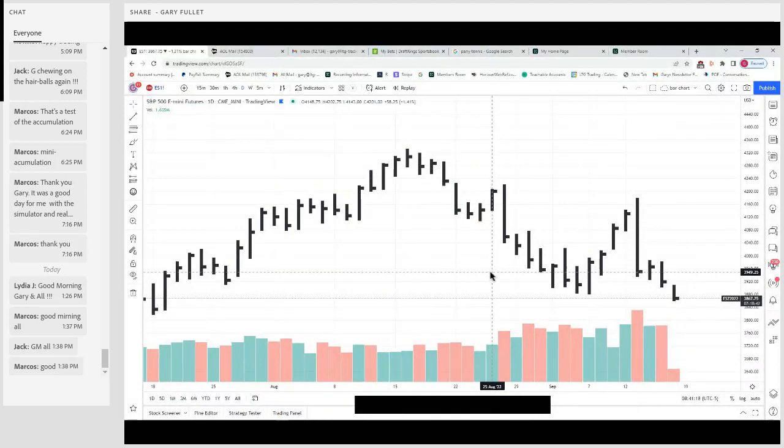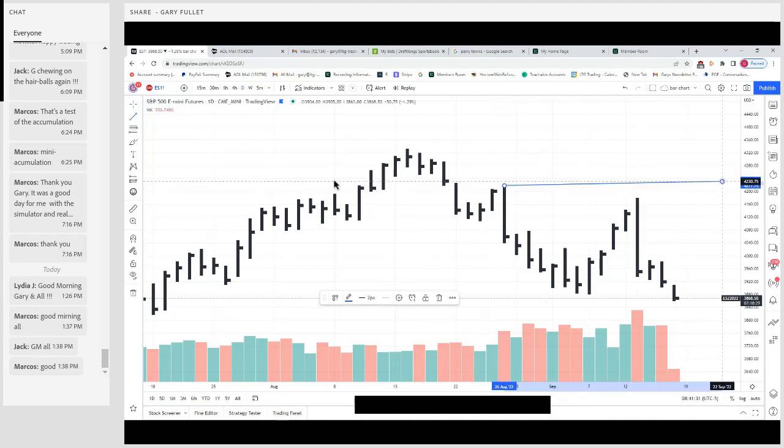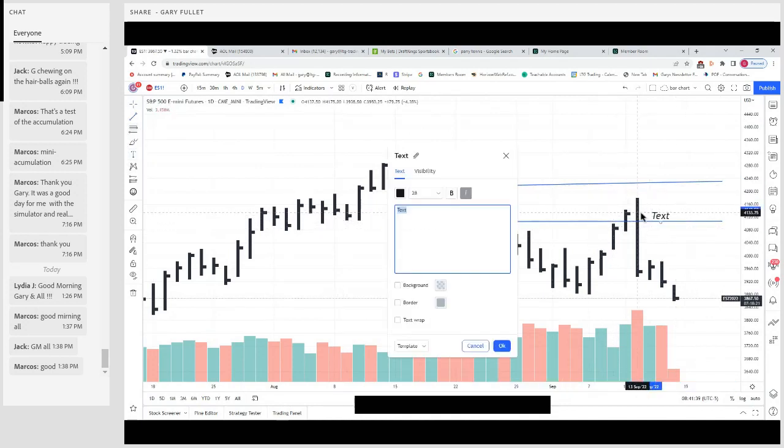Okay, number one, you have a situation here where this selling occurs from an area of resistance. LPSY here, back in the trading range and back through it.